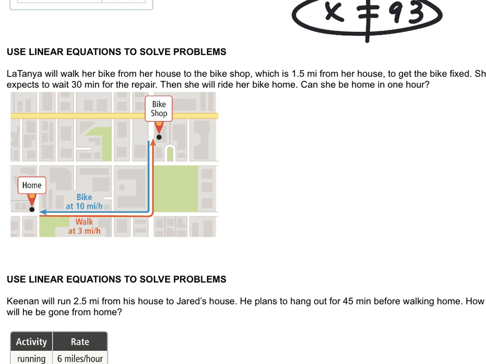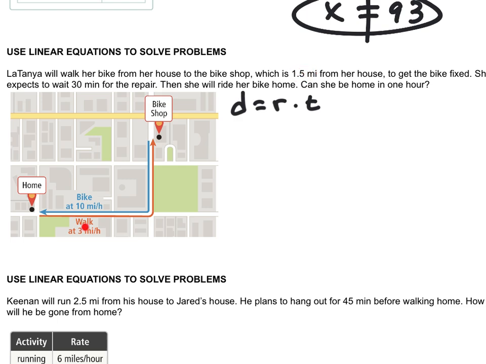So the first thing that we have to know is this equation: distance is equal to rate times time. What we know is the distance from the home to the bike shop is 1.5 miles.